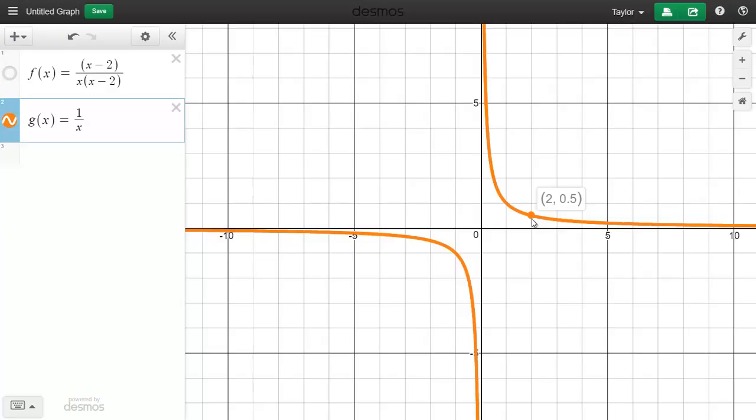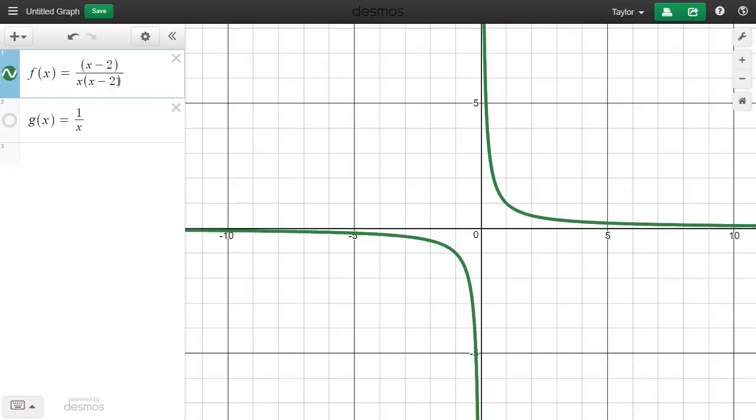We redefine f of 2 to equal 1/2. So the orange function is just like the green function, except that the orange function only has a discontinuity at x equals 0. Thus we say the function f of x has a removable discontinuity at x equals 2.